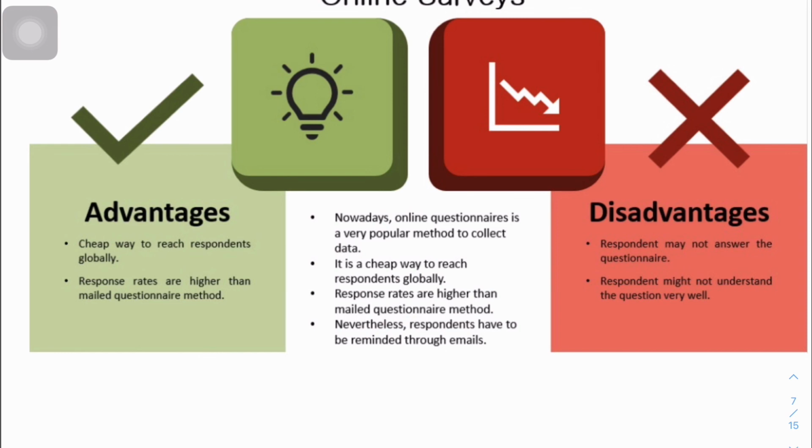Okay, it is cheap way to reach respondent globally. So ini samalah macam email tadi, tapi ini lagi mudah, lagi cepat. So at one time we can reach respondent globally, dekat mana-mana, tak kisah luar negara, dalam negara, jauh, dekat, semua kita boleh capai. Response rate are higher than mail questionnaire method, because if we are using online survey, biasanya once dia buka sahaja, dia kena jawab waktu tu.